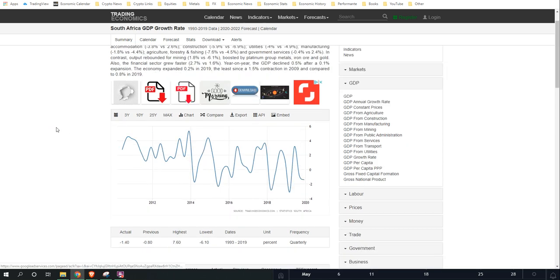When we're looking at the South African GDP growth rate on average, it's looking a lot weaker, with the average, let's say, sitting at 1.5, maybe even a little bit less in terms of just ballpark averages. So in terms of just GDP growth, obviously it doesn't look as favorable.